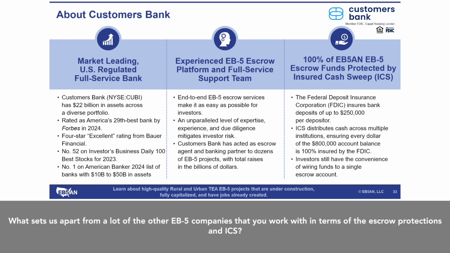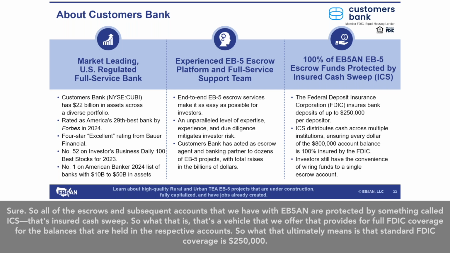What sets us apart from a lot of the other EB5 companies that you work with in terms of the escrow protections and the ICS? Sure. So all of the escrows and subsequent accounts that we have with EB5AN are protected by something called ICS. That's Insured Cash Sweep. That's a vehicle that we offer that provides for full FDIC coverage for the balances that are held in the respective accounts.